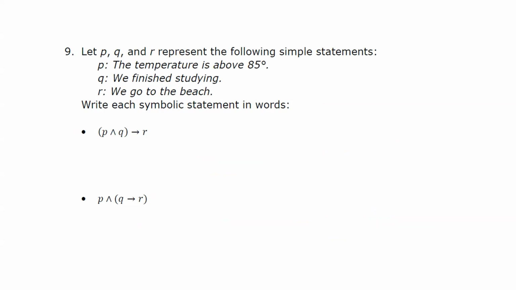Okay, we have three statements here as well, P, Q, and R. P says the temperature is above 85 degrees. Q, we finish studying. R, we go to the beach. Okay. So we have conditional here, if then.